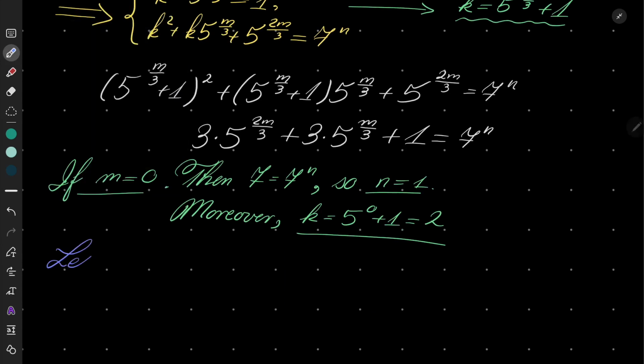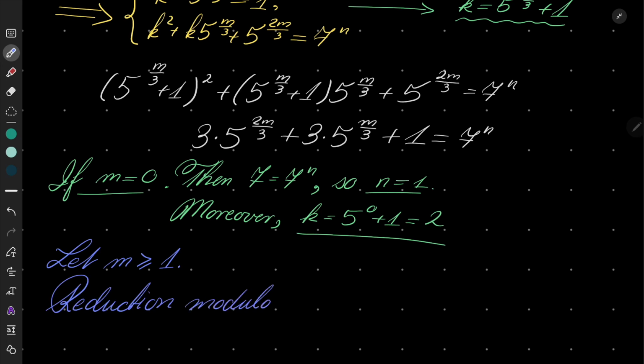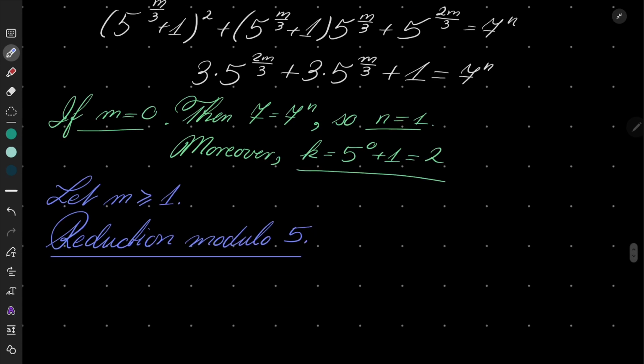So now let's consider what's happening when m is greater than or equal to 1. Reduction modulo 5 will do, because we get the following. 1 should be congruent to 7 to the power of n modulo 5, and it's pretty easy to verify.